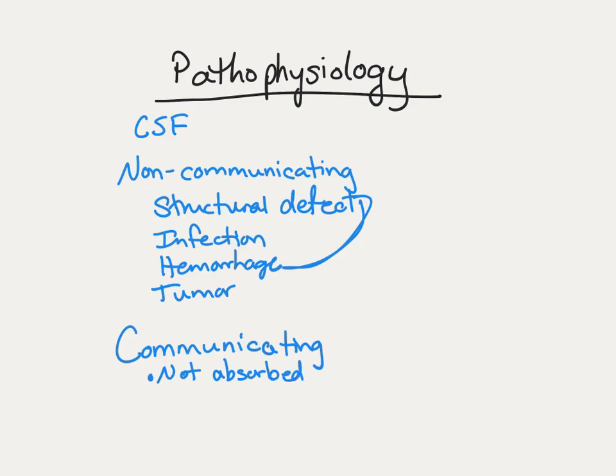So this is usually due to inflammation, infection, or blood surrounding the meninges. We'll talk more about this when we consider meningitis later. This communicating hydrocephalus is usually acquired instead of congenital.